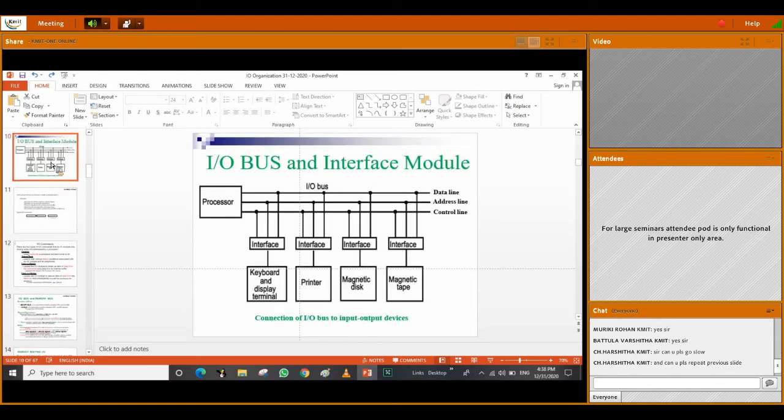Okay, now down this, the I/O bus and interface module.